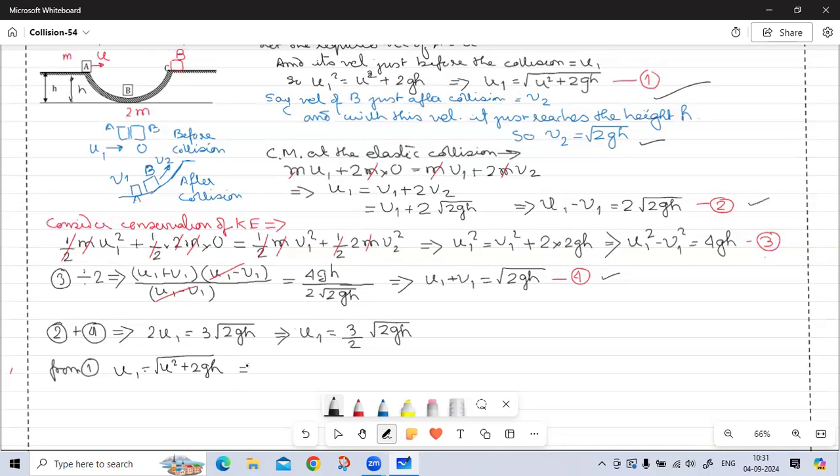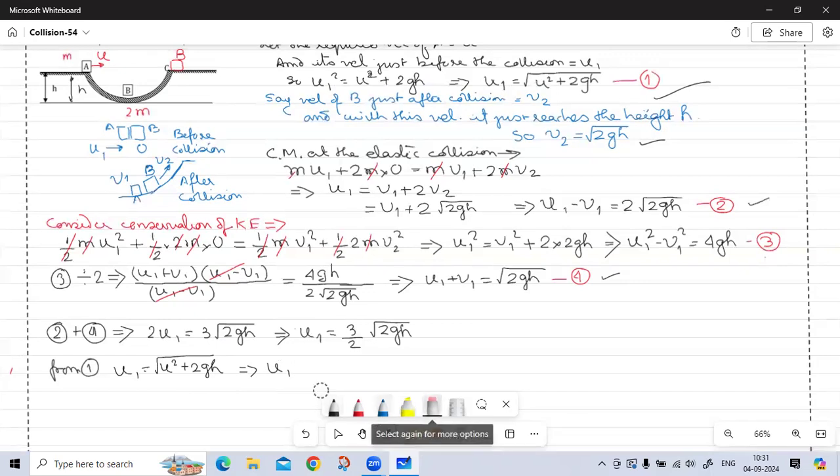That means from here we get u1 square is equal to u square plus 2gh, squaring both sides.